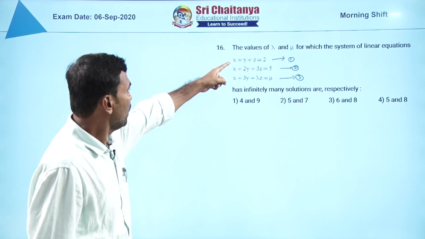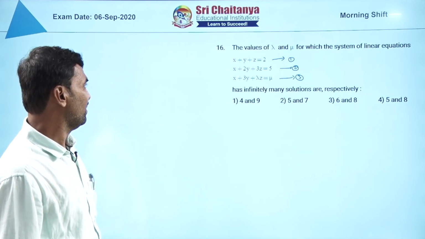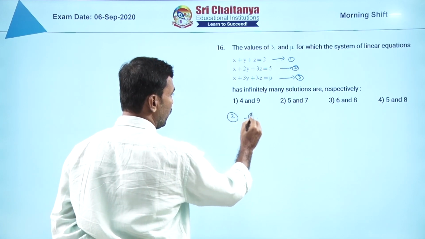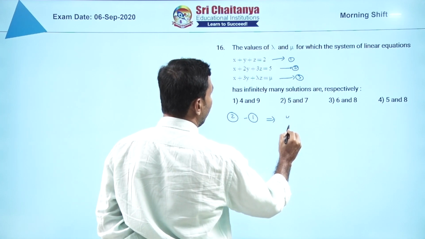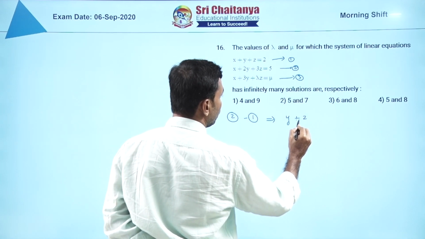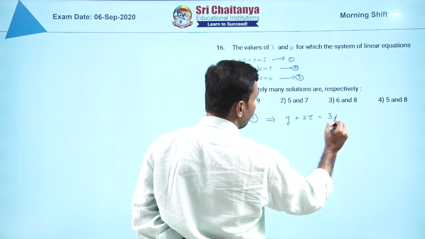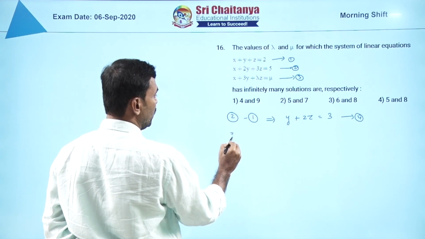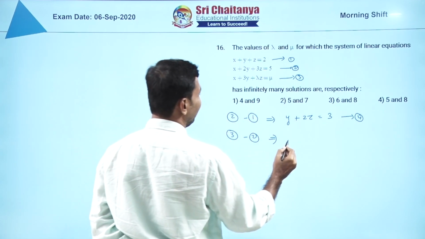Now, the x coefficients are the same, so I am eliminating x. Doing 2 minus 1: y minus y plus 2z is equal to 3, number 4. I am doing 3 minus 2, eliminating x.